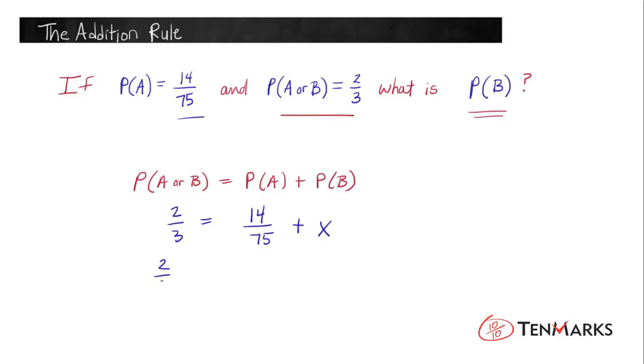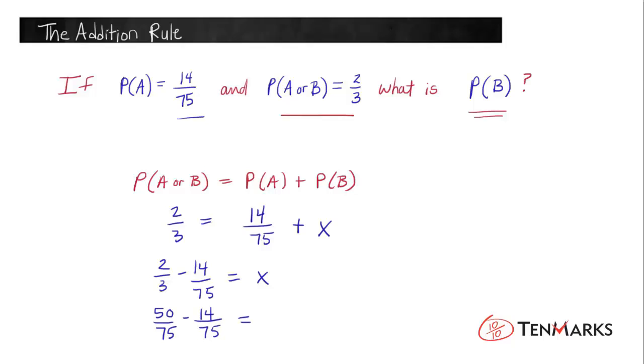We can solve this. We'll subtract 14/75 from both sides, and to do that we're going to need a common denominator. 75 is a multiple for both 3 and 75, so we'll use that as our least common denominator. 3 goes into 75 25 times, and 2 25s are 50. 14/75 doesn't need to be changed, so we'll leave that the same.